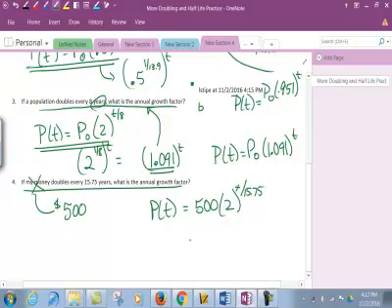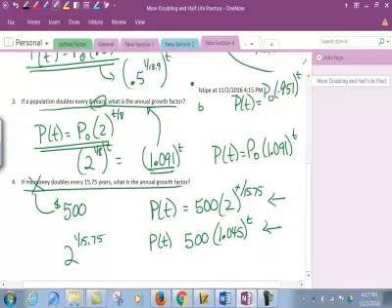We're going to rewrite this and take 2 to the 1 over 15.75, and we get a value of 1.045. So this is the doubling equation, and this is the annual growth factor equation. But if you were to graph them, they would lay right on top of each other.